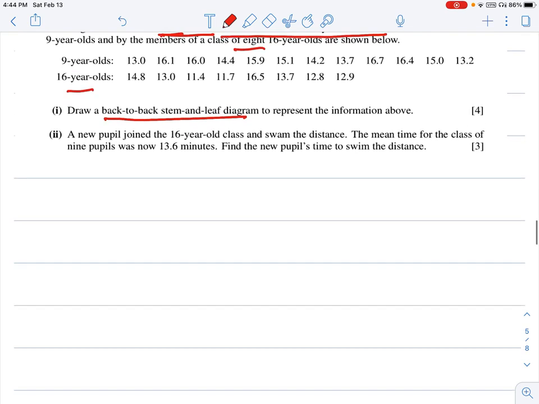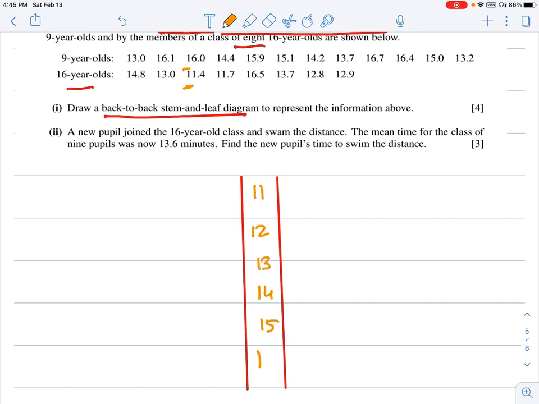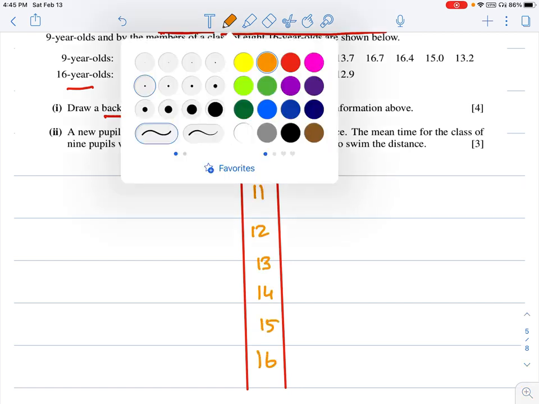First of all I have to make a stem. So let me make a stem. I see the numbers are between the least number, 11, and the highest number, 16. So I can do 11, 12, 13, 14, 15, 16. Then I make 2 columns.